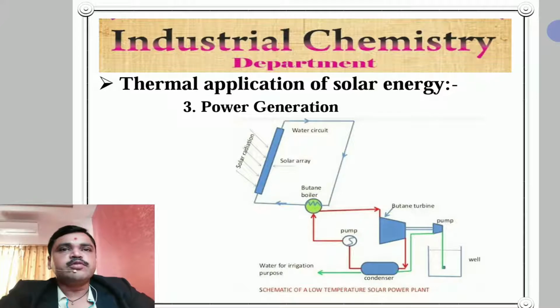In order to get the maximum possible temperature, booster mirrors which reflect radiation onto the flat plate collector are sometimes used. The hot water at a temperature close to 100 degrees Celsius is stored in a well insulated thermal storage tank.